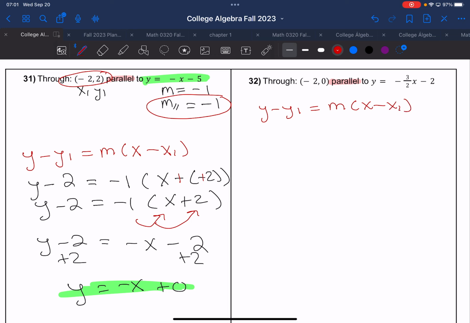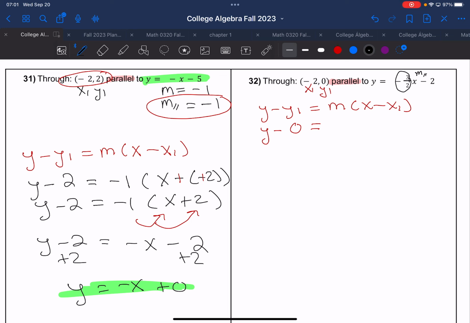So plugging everything in, we have y minus y1, because remember this point is x1, y1. So y minus 0 is equal to, what would be our slope since it's going to be parallel? Good, that -3 over 2.